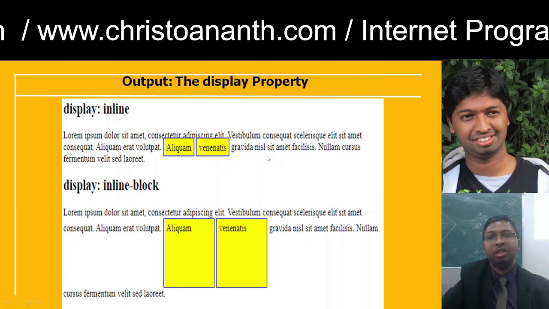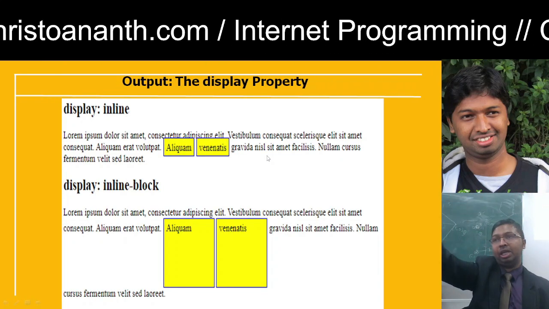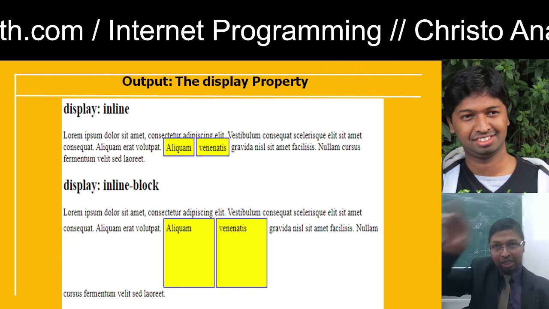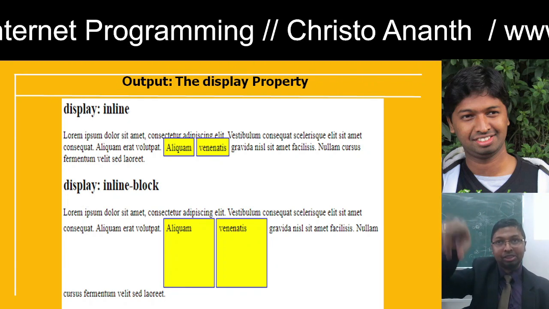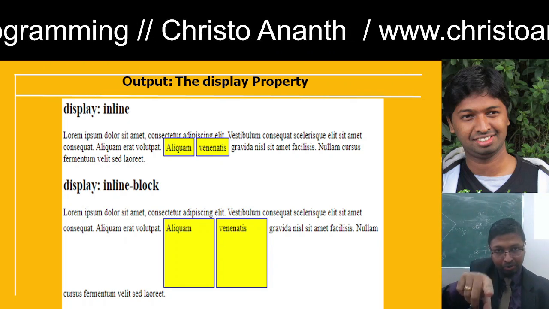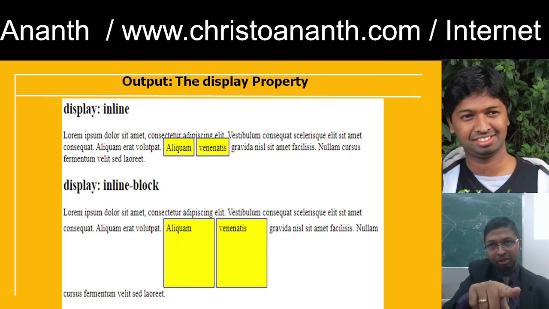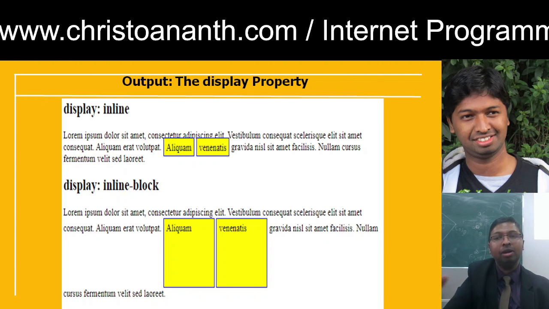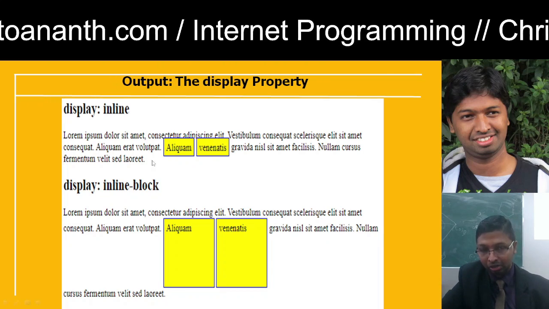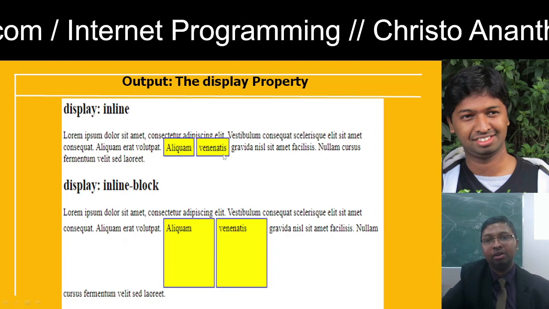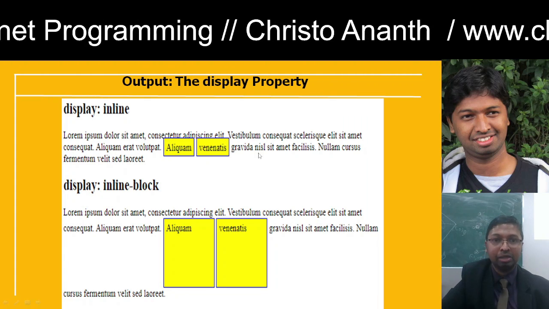In the output you can see display inline, that is the text. In between the text is one square with a solid blue border, and the background color we specified as yellow, and the text is aliquam and so on. That is in between the text.